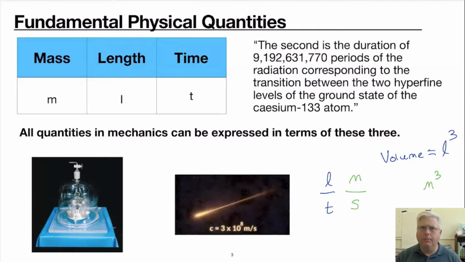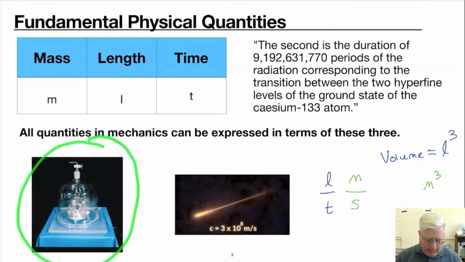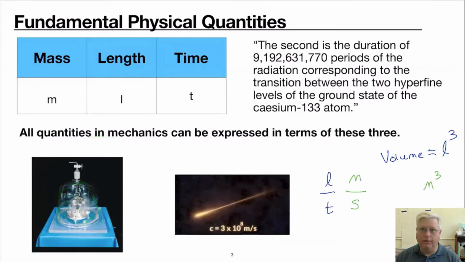It was a platinum iridium cylinder, and we see it in this picture here, and it's enclosed in a vacuum sealed chamber to preserve it so that over time it doesn't erode and the mass actually changes. And so it was however much mass that was considered a kilogram. And it was up until very recently that it was actually changed.